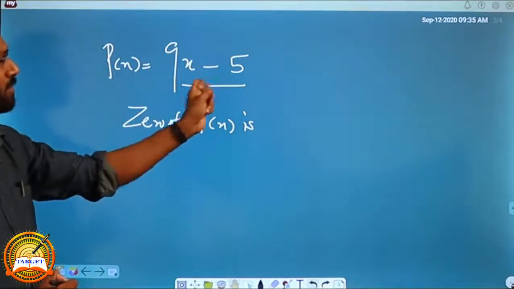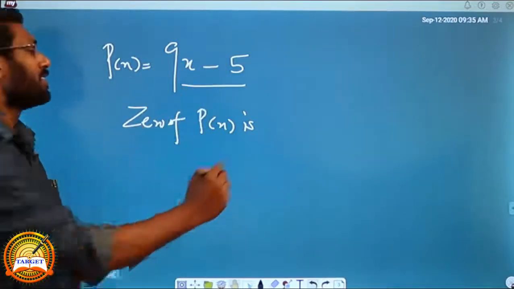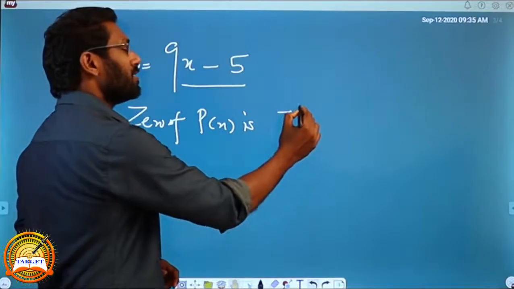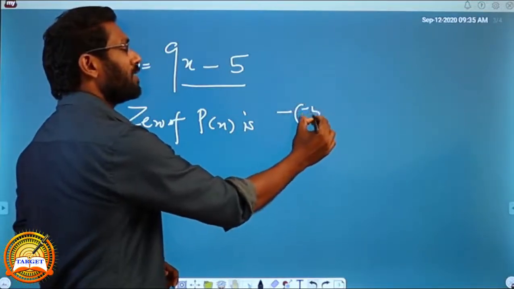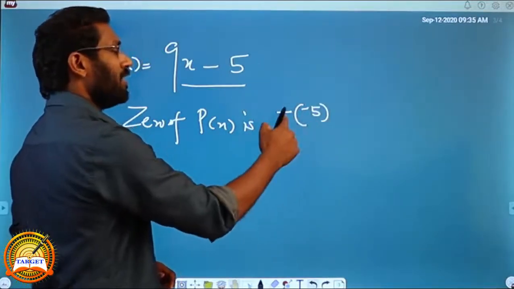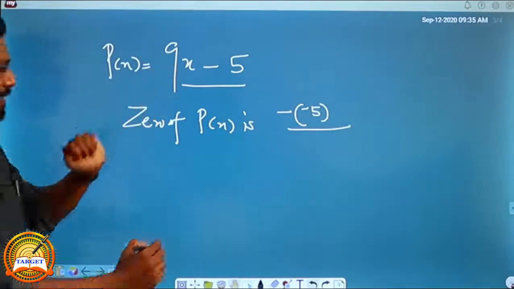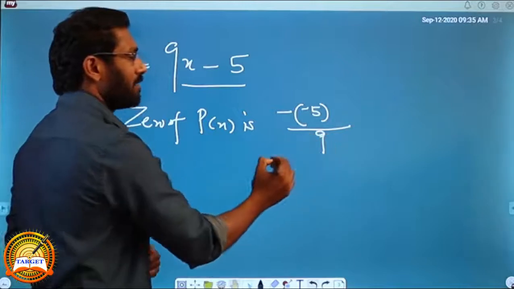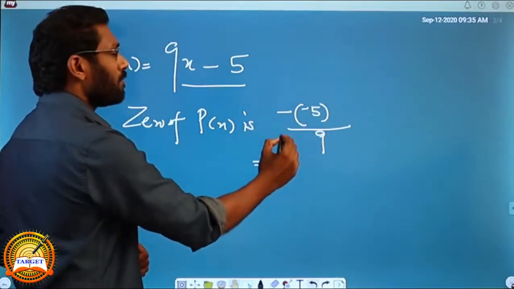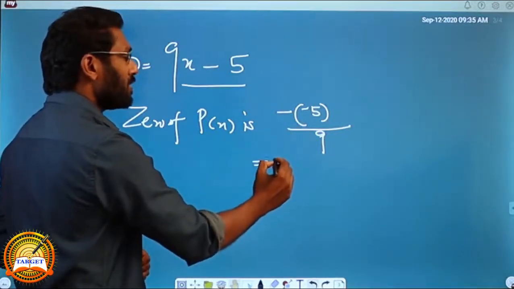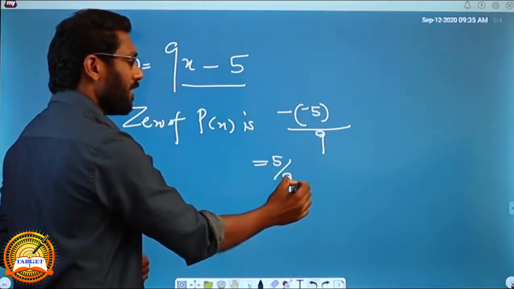What is the constant term here? Minus 5. So it's negative of minus 5, which is minus of minus 5, divided by the coefficient of x. The coefficient of x is 9. So minus of minus 5 is plus 5, divided by 9.